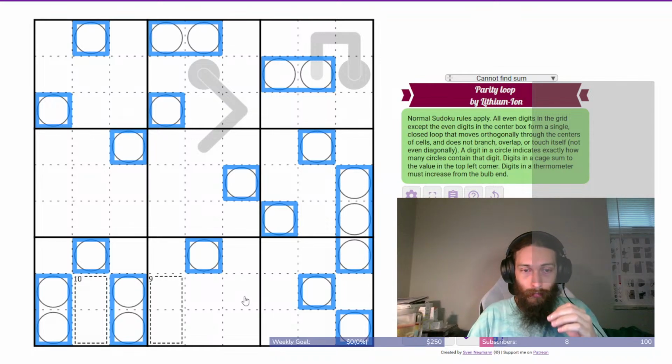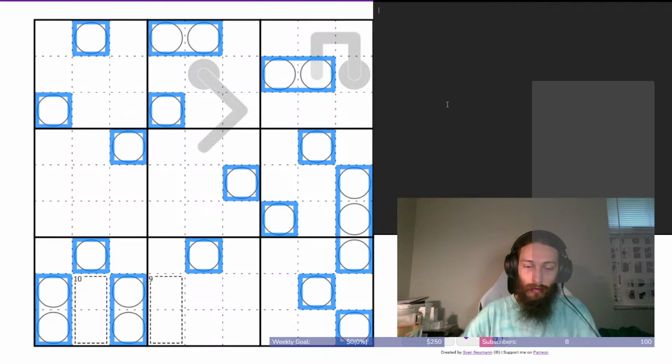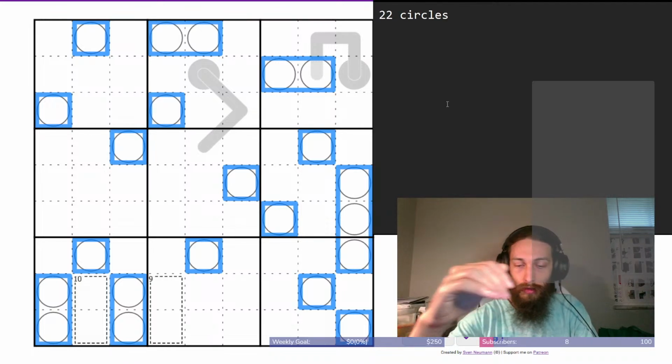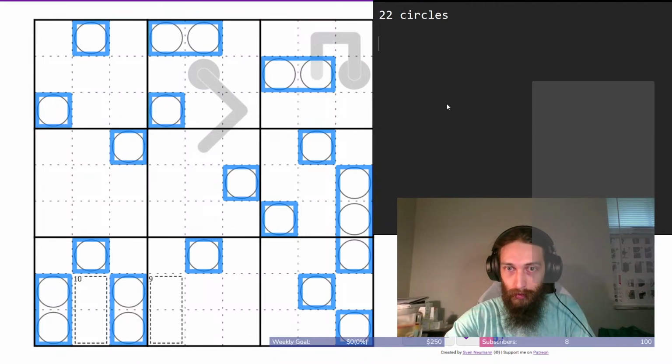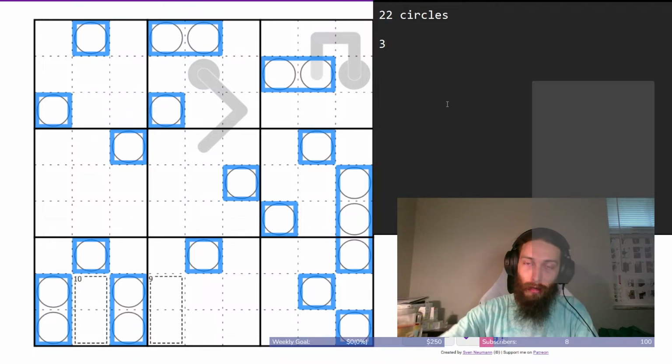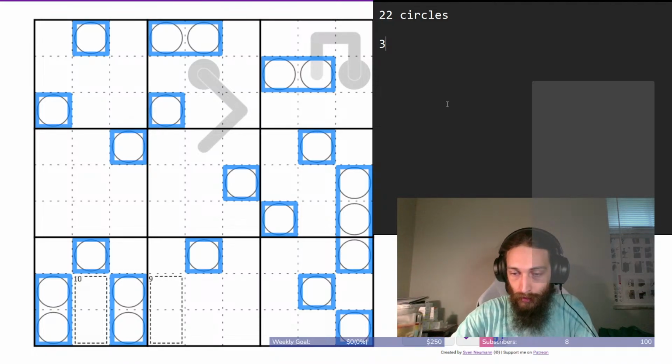So we know that since there are 22 circles, the digits in them, since they are the count, if there's a 3, then that means there are 3 threes. So we can say that if we add them all up, it will equal 22.